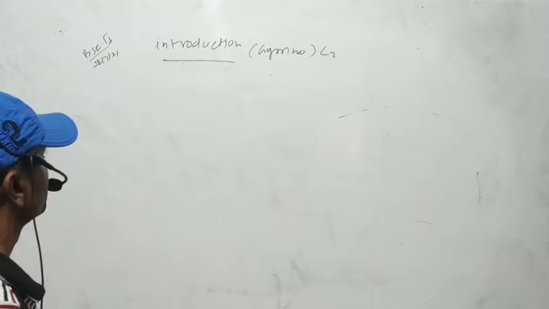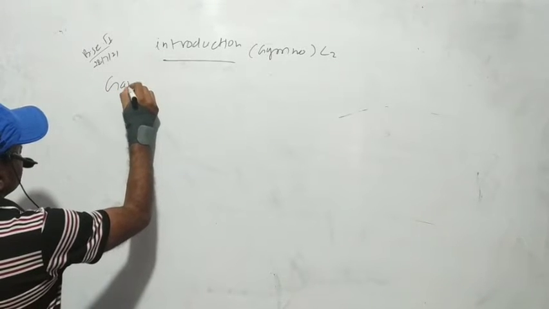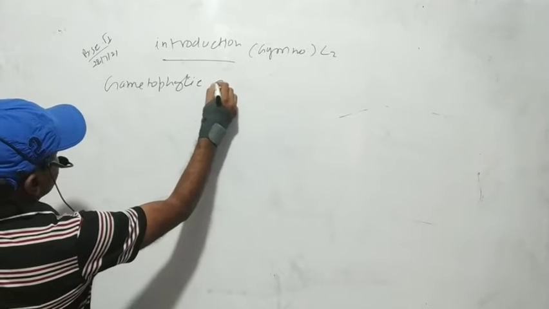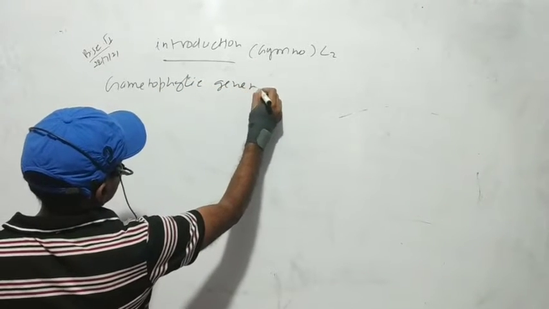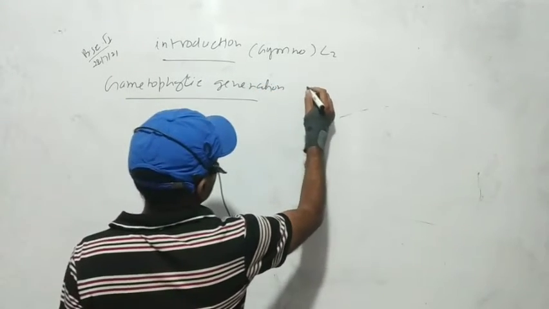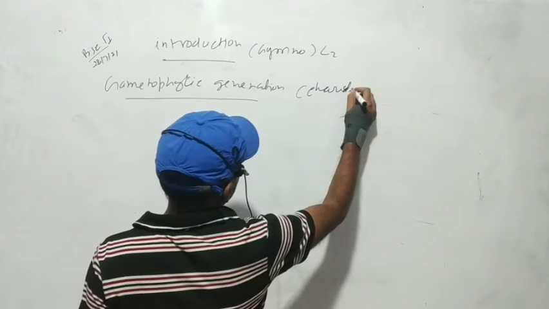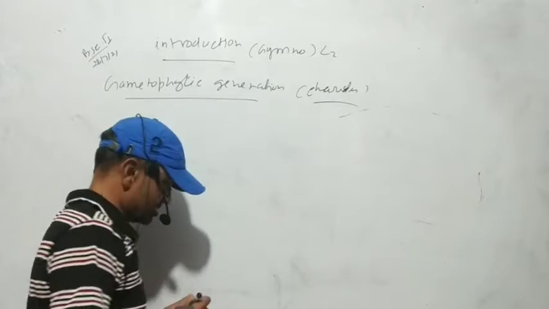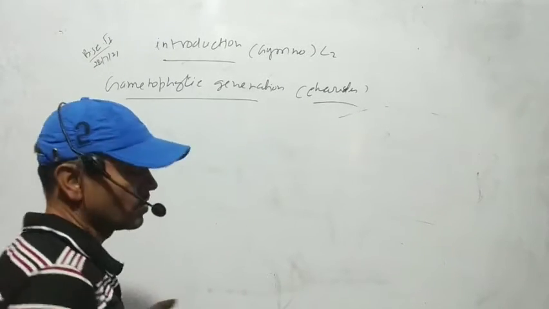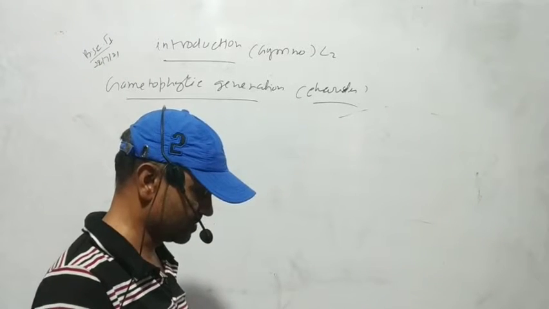Character of gametophytic generation. Here we can write: gametophytic generation is the character, something which is mostly found in all the gametophytes of the gymnosperms.